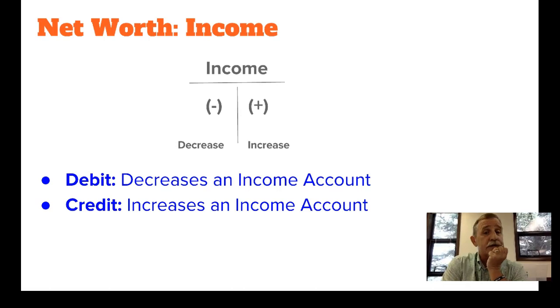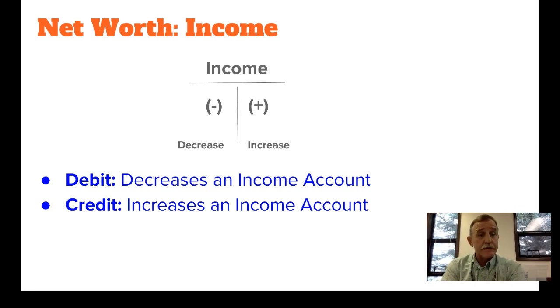Now, an income T account. An example of this would be cattle sales. Okay. So if we were to debit a cattle sales account, then we would be decreasing that account. Okay.